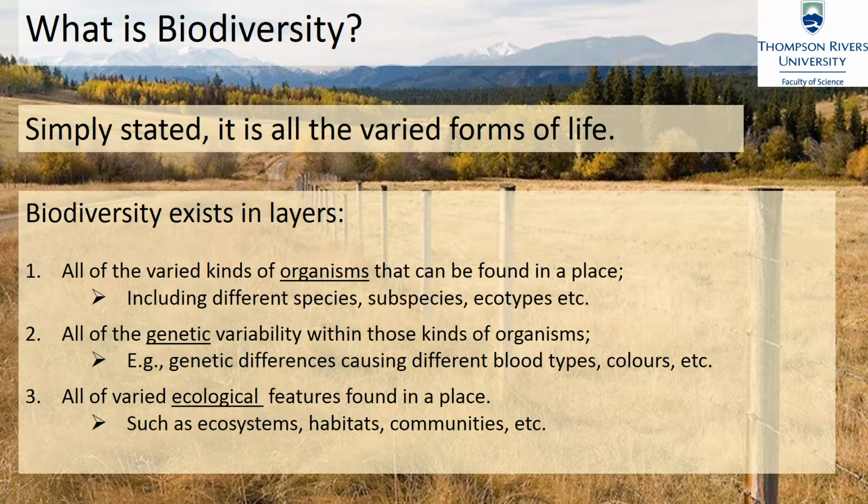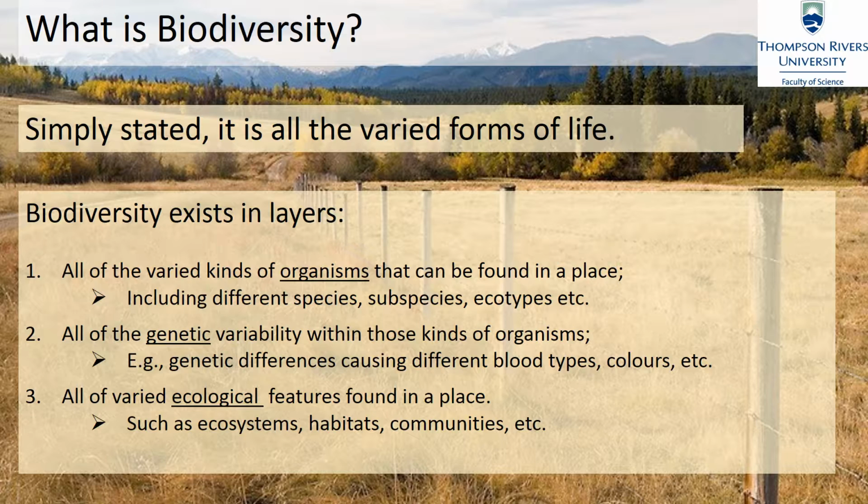In addition to the organisms and their varied forms, and the genetics that allows for that variation to express itself over time in evolution, we also have a variety of ecological features on landscapes, such as watersheds, ecosystems, habitats, and different communities themselves.